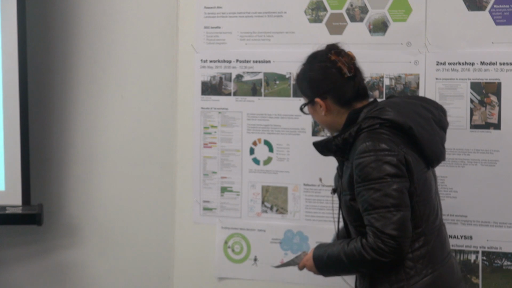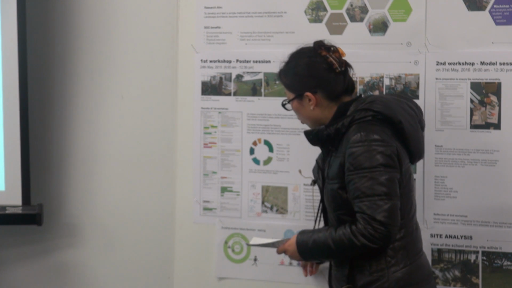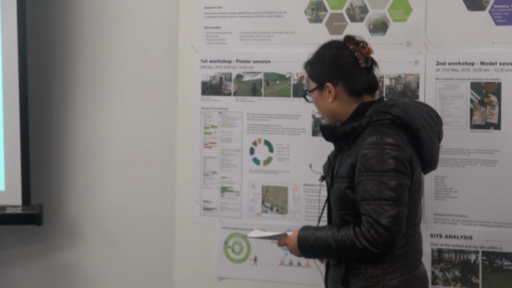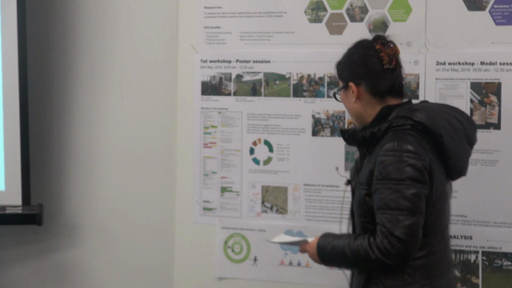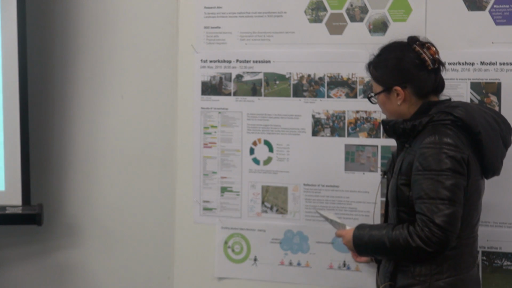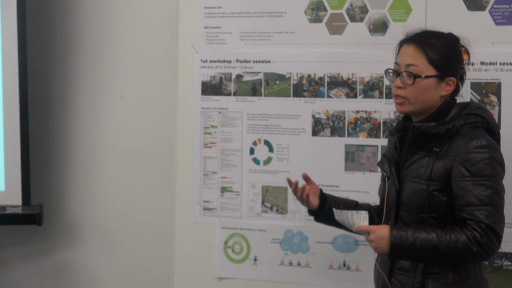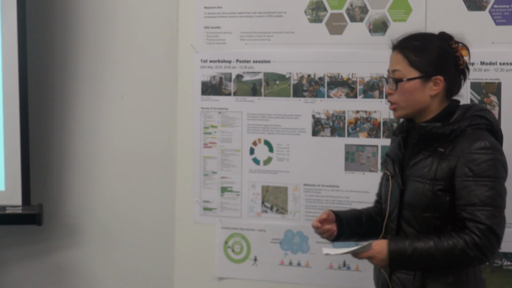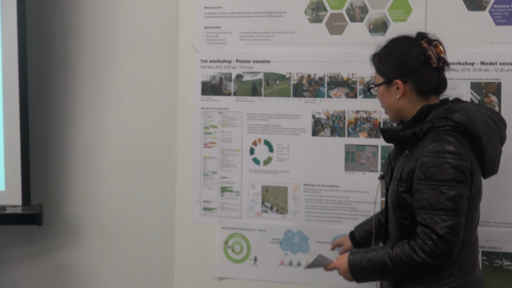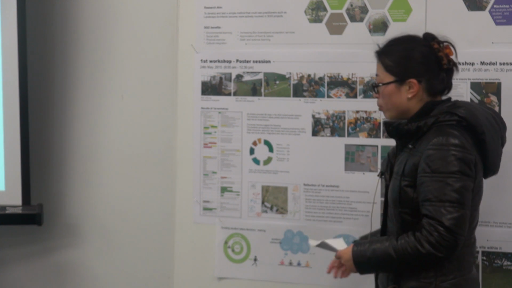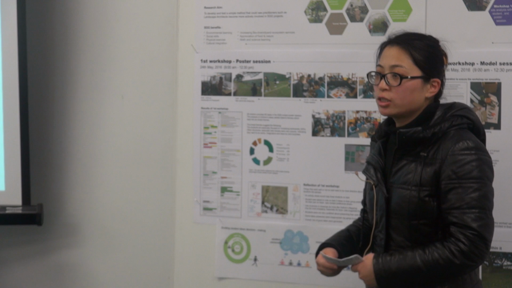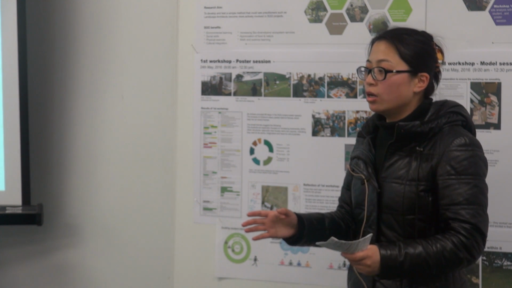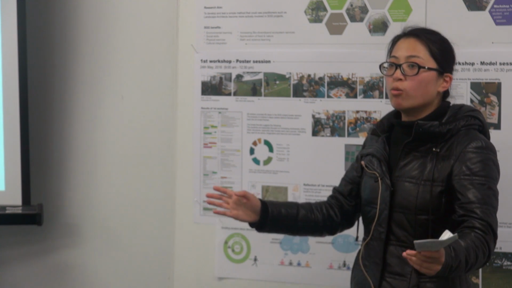So I let them open their minds first to draw their ideas. After that, I have a little conversation with them to describe what they think and feel about that site, and I add some of my professional knowledge, which gives them a little bit of direction, not too open-minded.